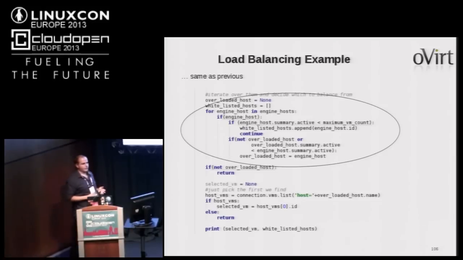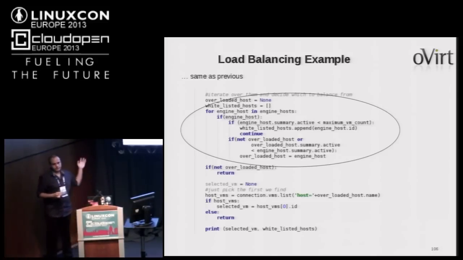So if I have, for example, one host that's running 102 VMs and 3 hosts that are running 90 VMs, then I will put the hosts running 90 VMs in my whitelist, and I will choose one VM running on the overloaded host and say, please migrate this VM to one of these hosts. Okay, is it clear?